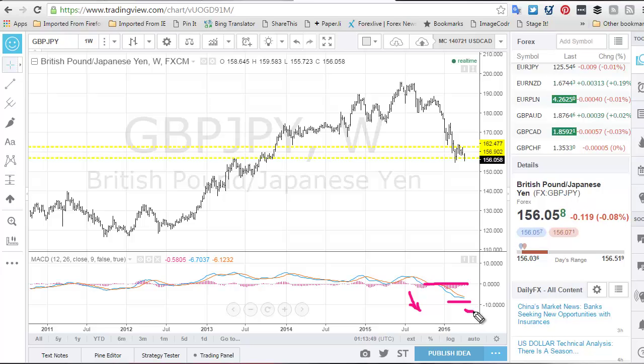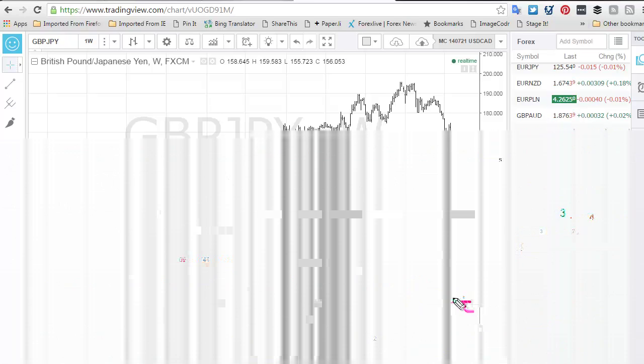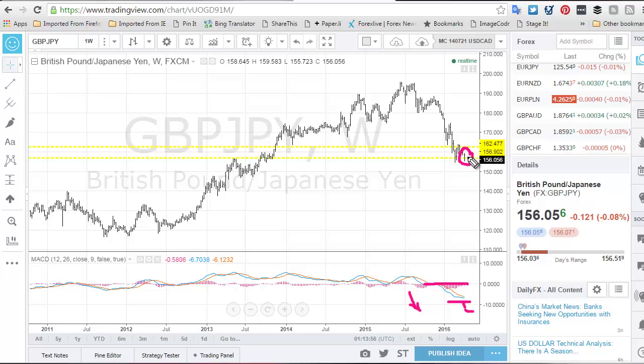This is lower than this one here, but we can't tell yet, because this bar is still active, whether this one is going to be lower or higher. So we have to wait until the end of the week before we know that. All I know is that this is bearish, and that makes me want to reduce my trade size.